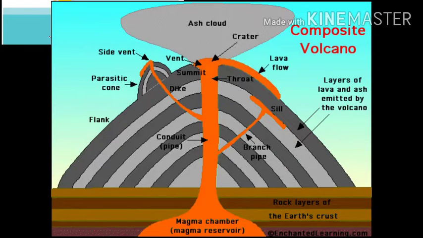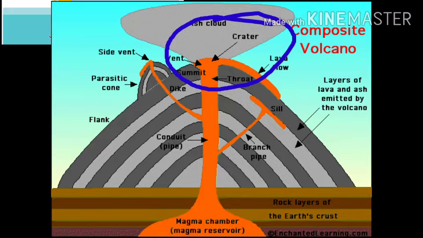Molten magma, which erupts from a volcano and falls on earth's surface, is called lava. The tunnel-like part of the volcano through which lava and other molten materials are emitted is called a vent or shaft. The vent has a large cup-shaped mouth called crater.